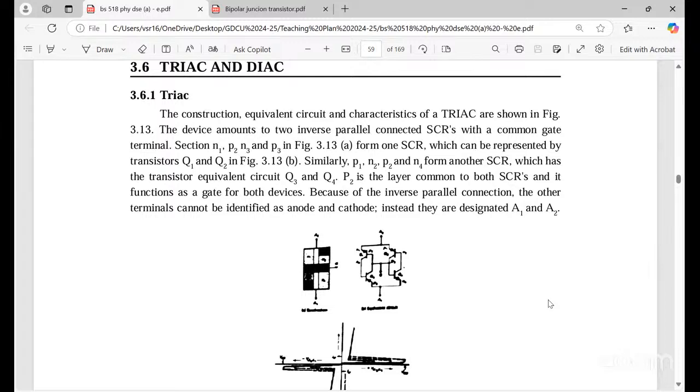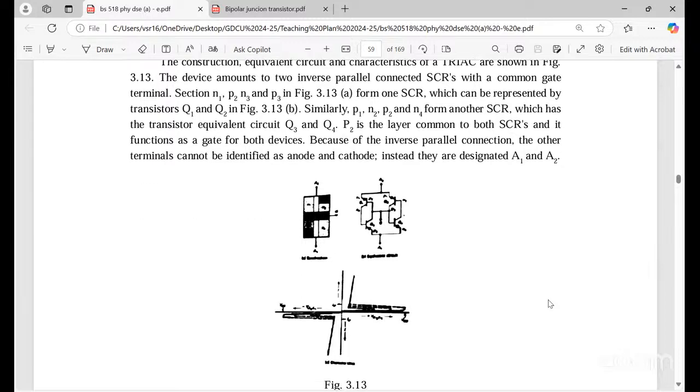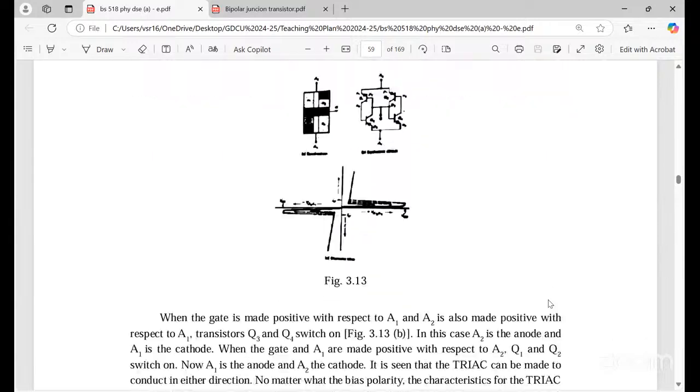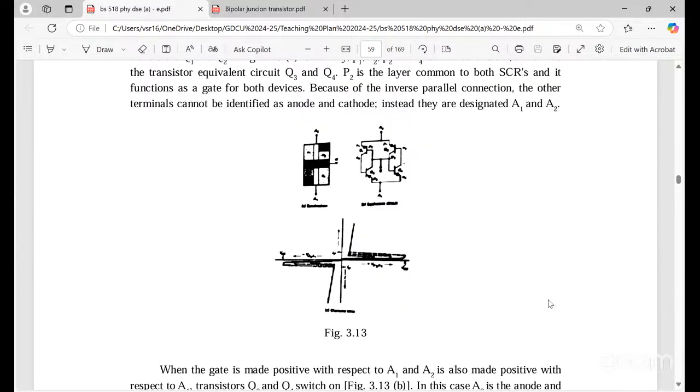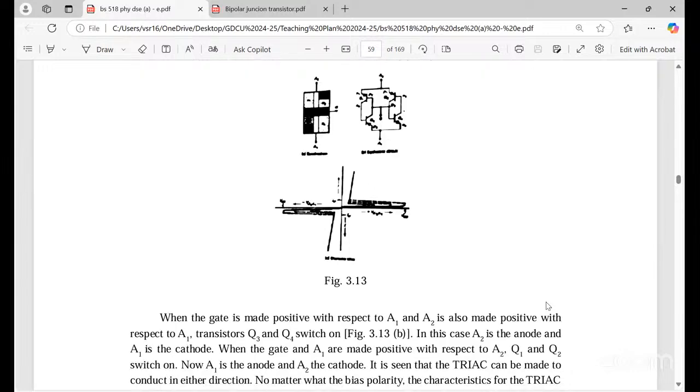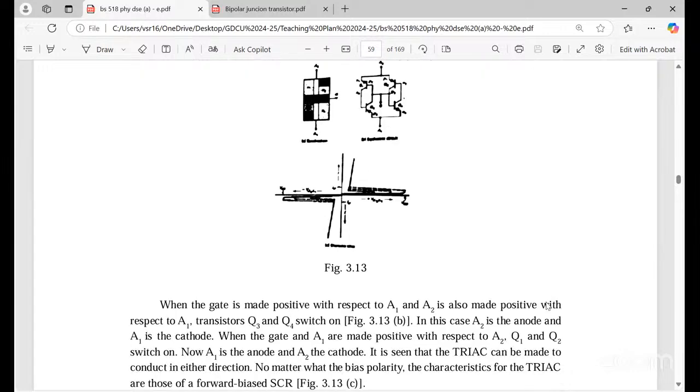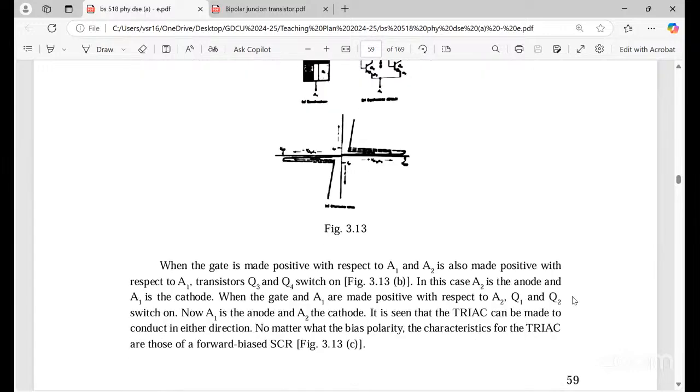Because of the inverse parallel connection, the terminals cannot be identified as anode and cathode. Instead, they are designated A1 and A2. When the gate is made positive with respect to A1, and A2 is also made positive with respect to A1, transistors Q3 and Q4 switch on.